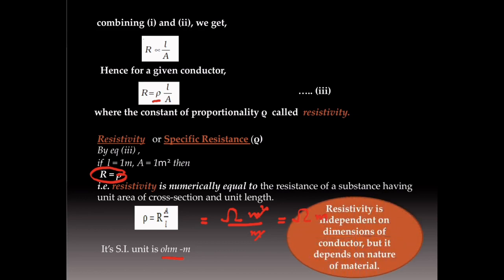Very important about resistivity is that it is independent of the dimensions of the conductor. It means if we increase the length or the area of cross section, the resistivity of the material will not change because it depends on the nature of the material. Remember it? It is important from the CBSE point of view.